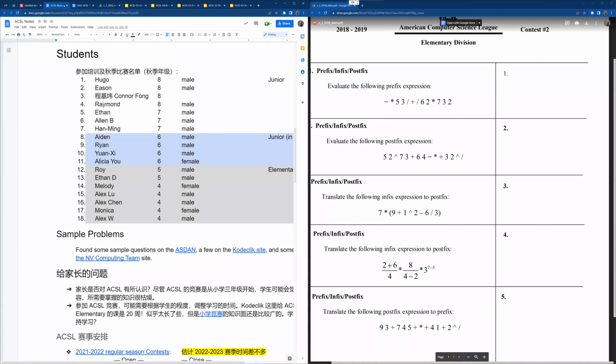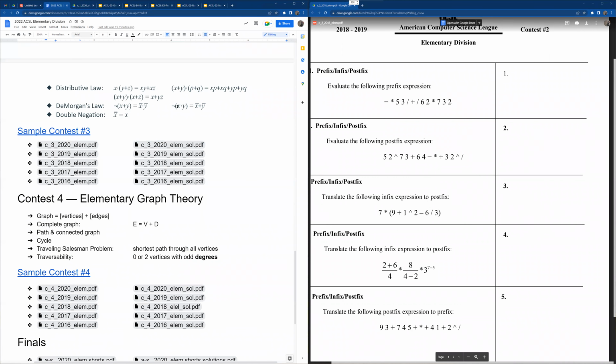What else do we have? Traveling salesman's problem. Oh yeah. Remember that? Go find the shortest route to get to all the nodes.